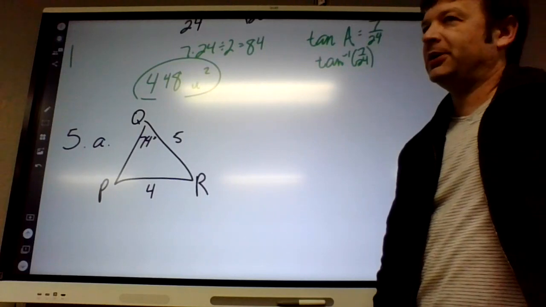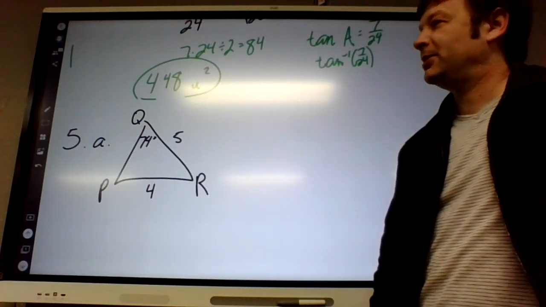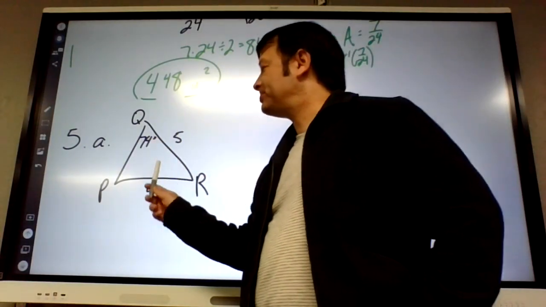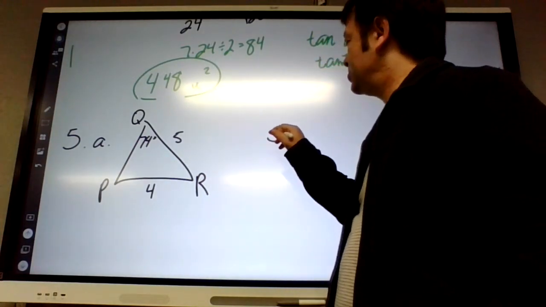We're supposed to see how many triangles. It's been a long time since we did that law of sines worksheet. But we're supposed to use law of sines and start trying to solve it.